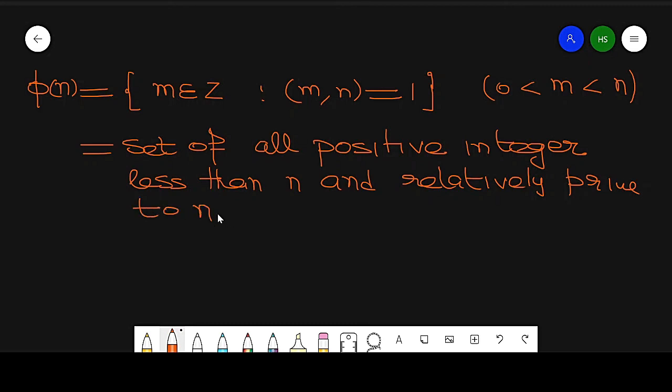So this is called the Euler function, Euler's function.